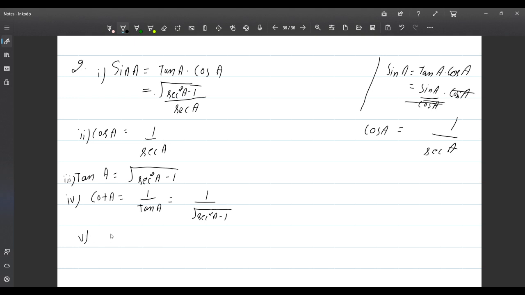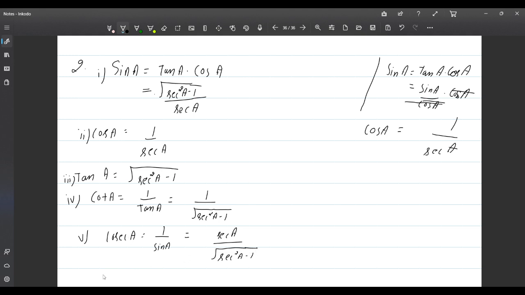Now cosecant A. Cosecant A is equal to 1 upon sin A, that is equal to sec A upon under root sec square A minus 1.